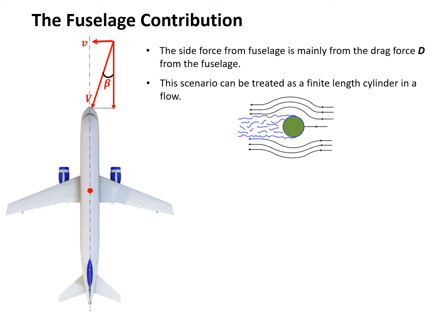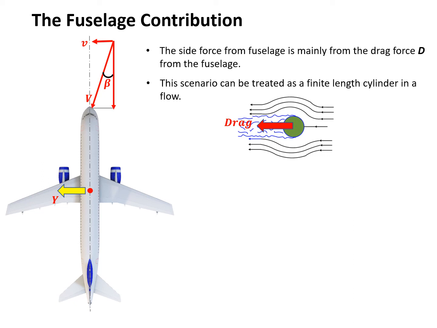So we have the cross-sectional cylinder in a cross flow from right towards the left, and there is a wake behind the cylinder. In this case there will be a drag produced on the cylinder, and that is equivalent to the side force Y. So this is how a fuselage can contribute to the side force.